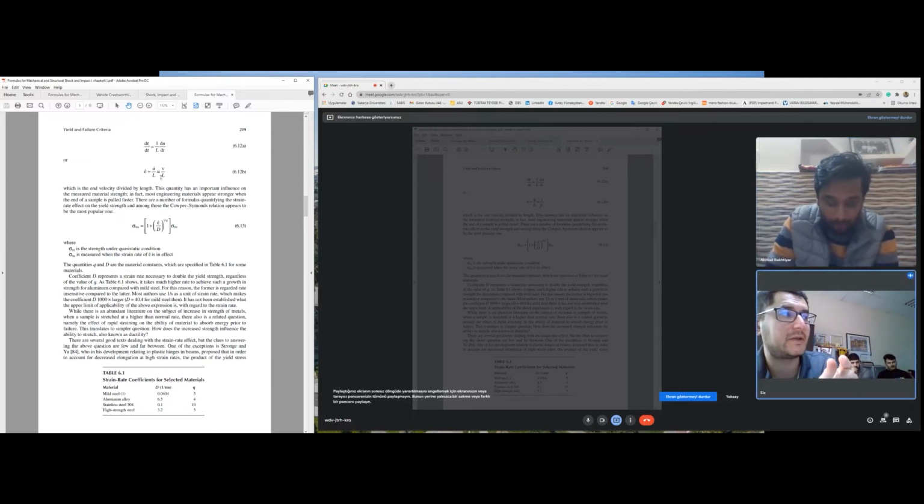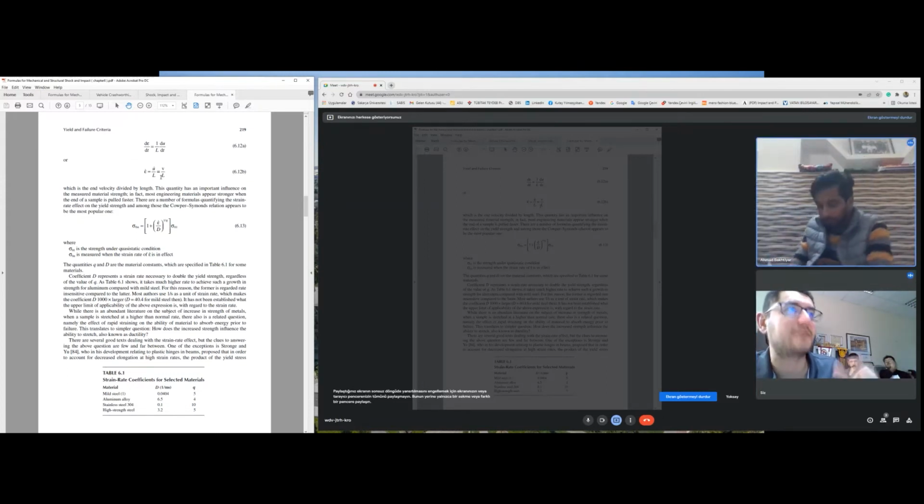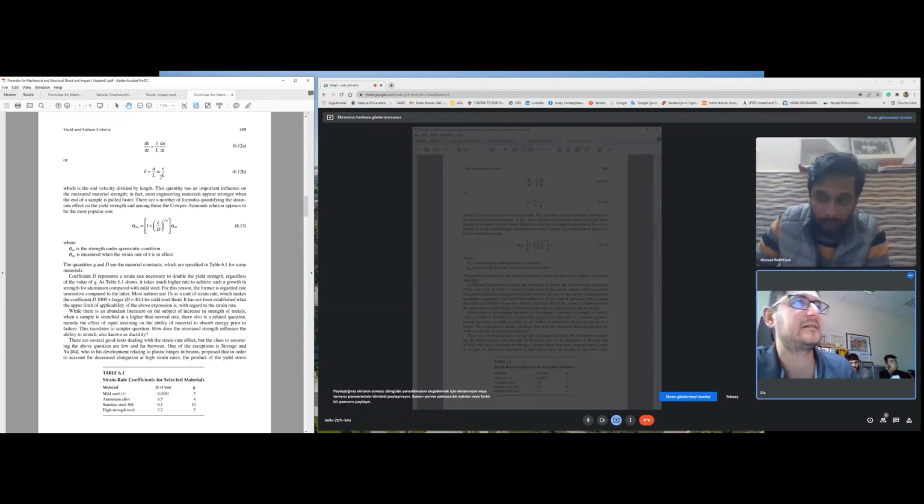It is deforming, and this deformation is in a very short time. It means it is so fast, so you can take the speed of the deformation. Strain rate means that: deformation speed over the initial length. So you can put this one into the equation.